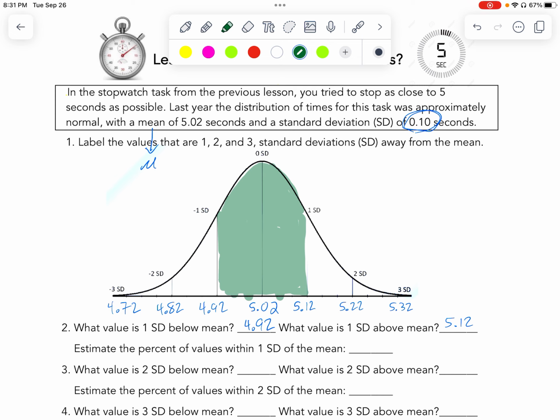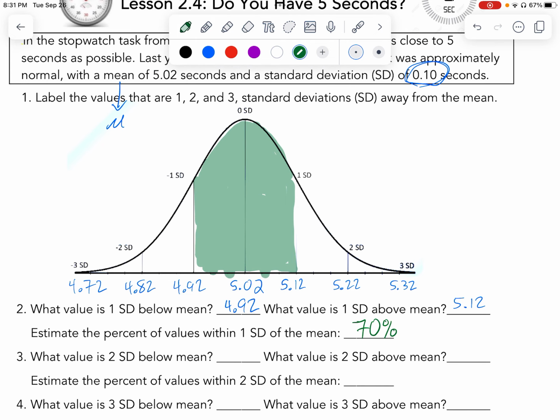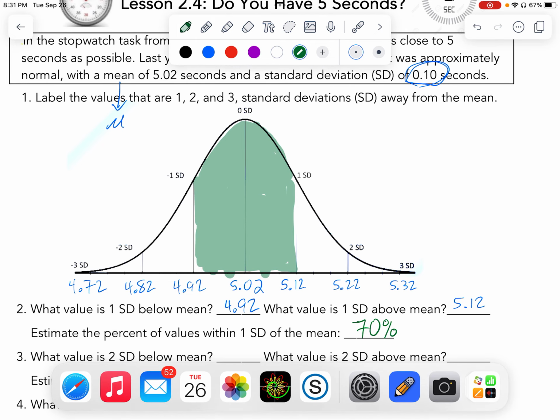It's 1 standard deviation either way. So take a minute right now and take a guess. Don't wait for me to do it. Guess yourself. I'm going to guess, I don't know, 70%. And we're going to repeat this with 2 standard deviations away from the mean.